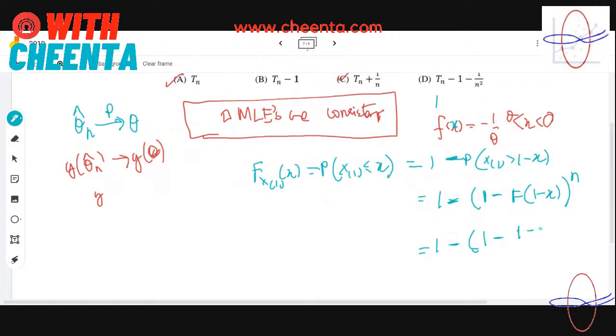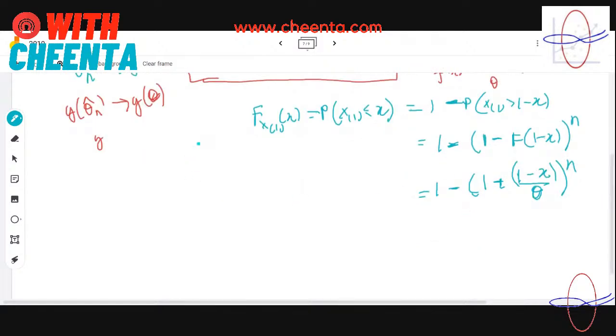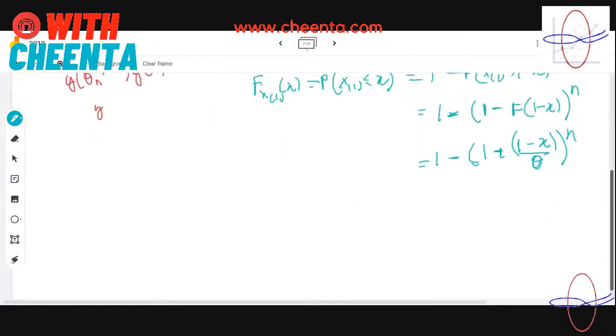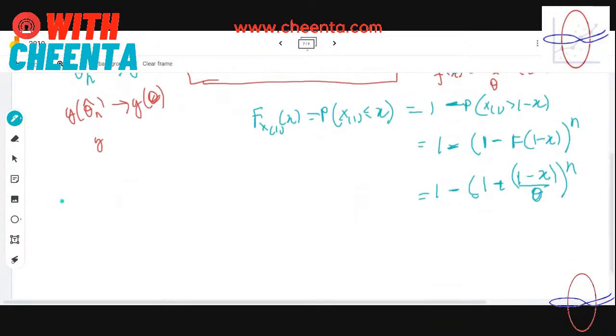So 1 minus, so minus of, so it will be plus x by theta, whole to the power n. Okay, so this is what F of this is. And what do you want to show? You want to show that the probability that x1 minus theta is less than epsilon goes to 1, right? This is what you want to show.